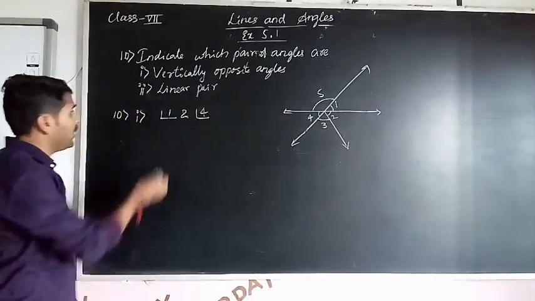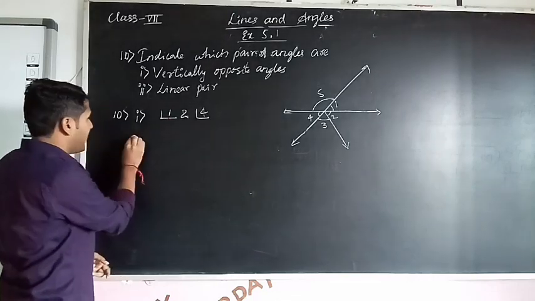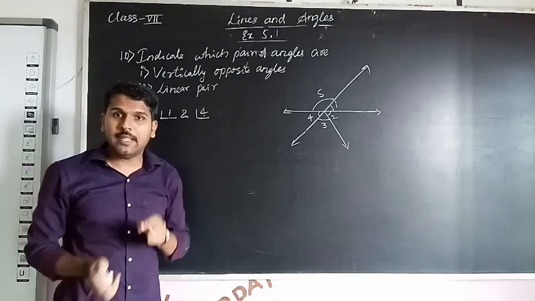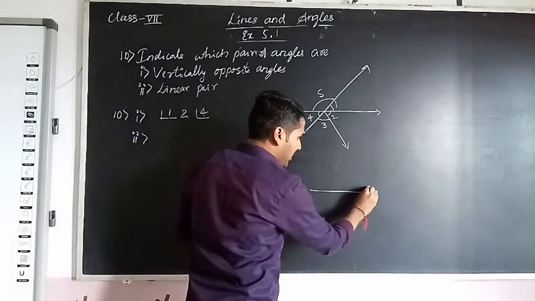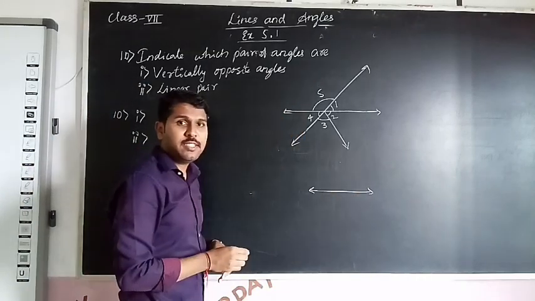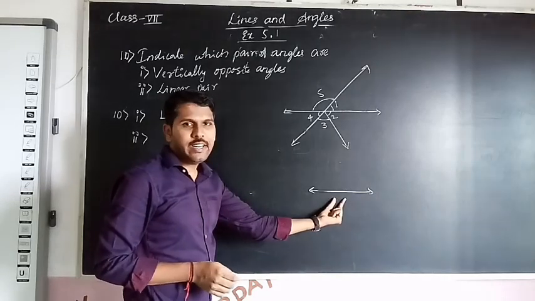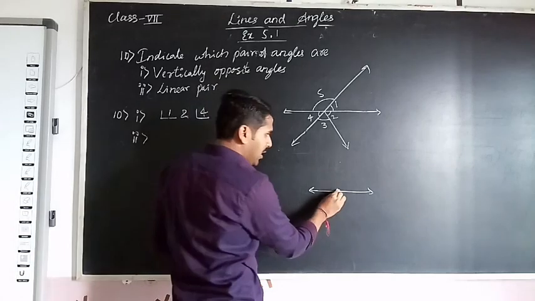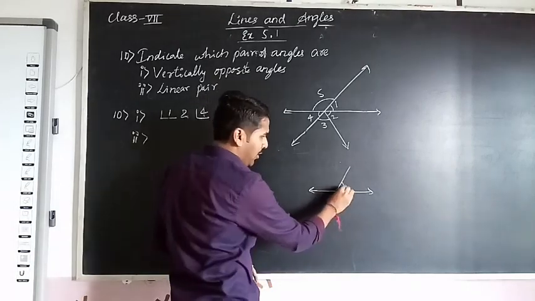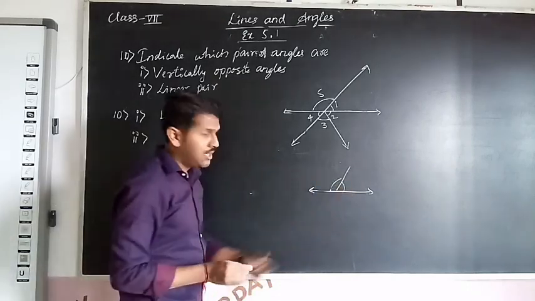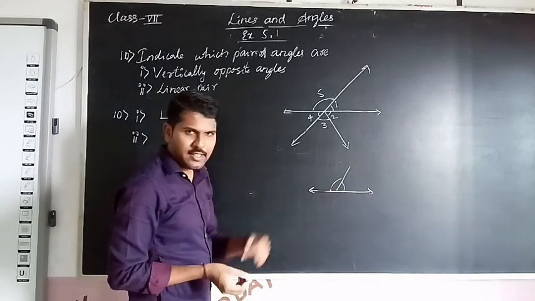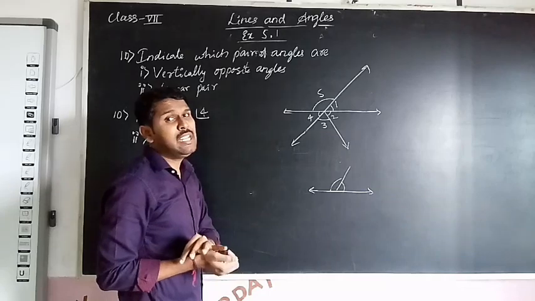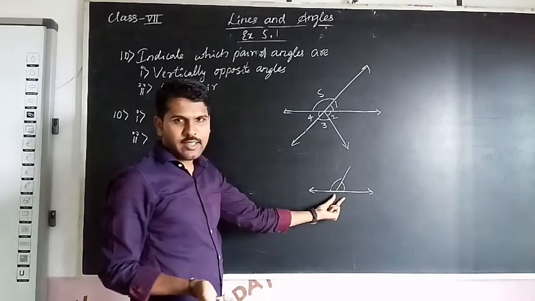So the first is 1 and 4, and for the second they are asking for a linear pair. Linear pair means this is one straight line. A straight angle means 180 degrees. Here two angles will be formed. If one ray cuts this line, two angles will be formed, and the sum of the two angles equals 180 degrees.